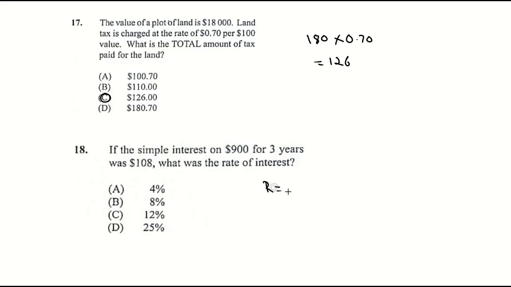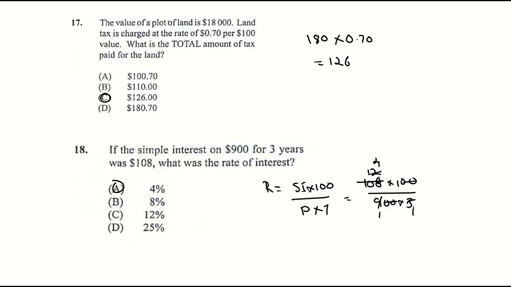So your rate is your simple interest by 100 over your principal over time, which is 108 multiplied by 100 over your principal, which is 900 over 3. Cross out that, cross out that. 9 into 9, 1. 9 into 3 is... 9 into 12. 3 into 3, 1. 3 into 12 is 4. The answer is E. 18 is E.